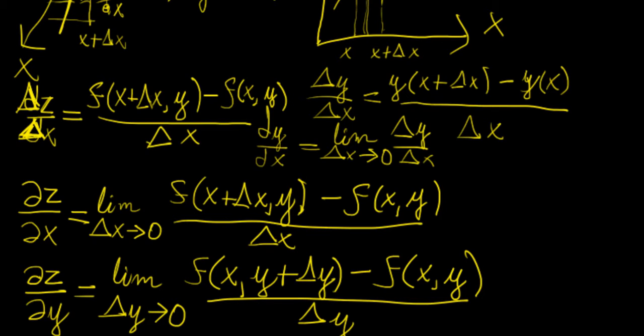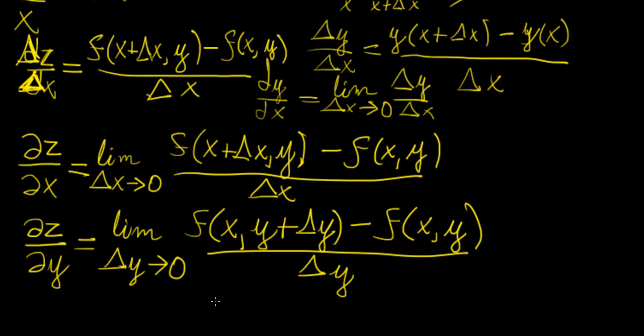So this is our definition of partial derivatives, and you can see immediately that we can extend this to higher dimensions, to n number of dimensions, because one of the variables is going to change at a time, whereas the other ones are going to remain constant or fixed.